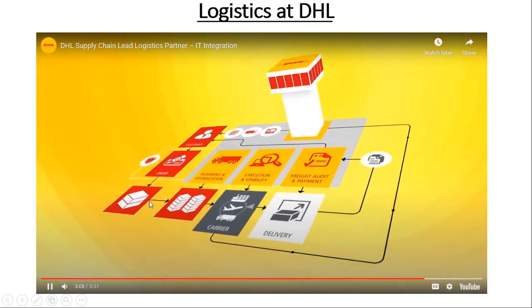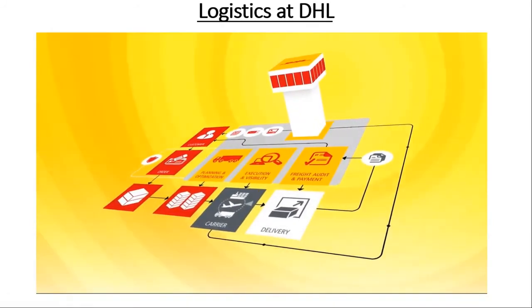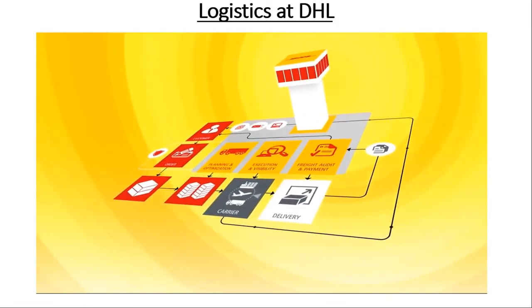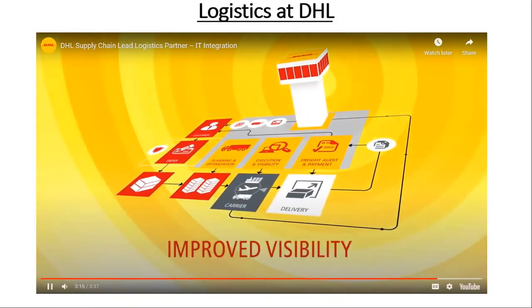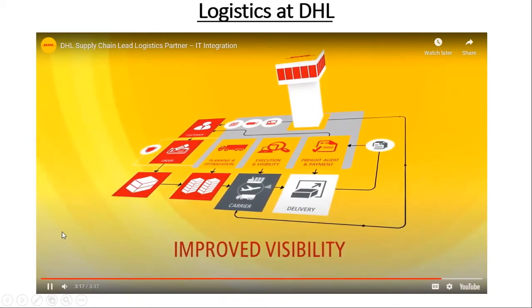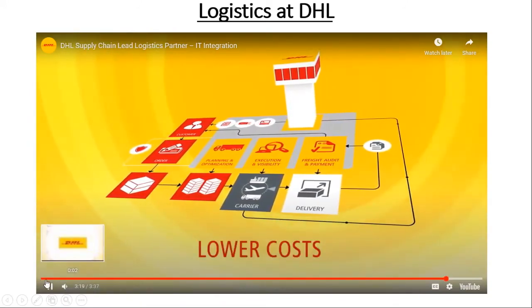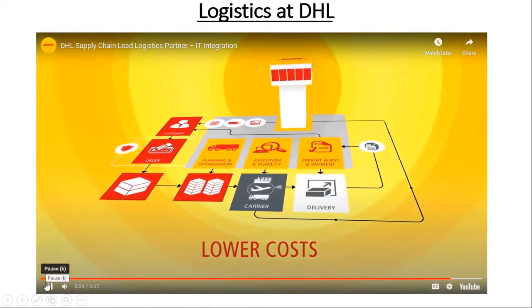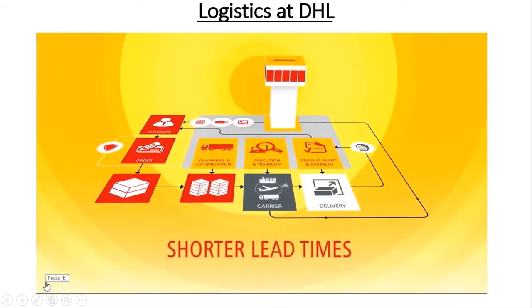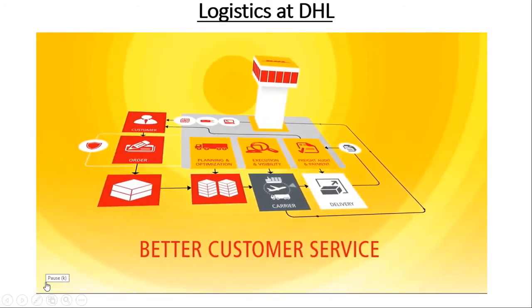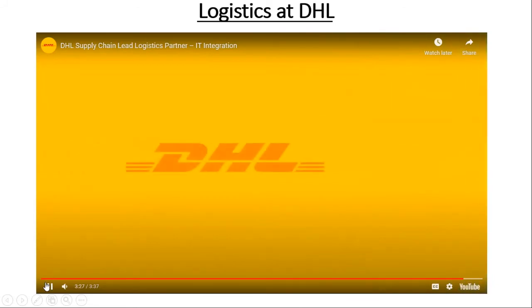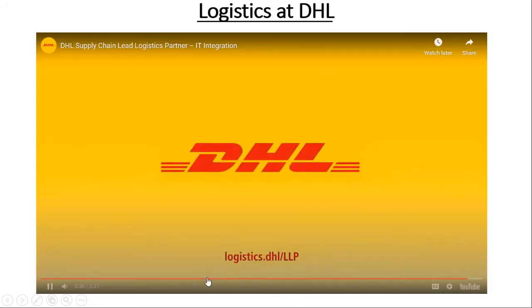The flexible and scalable solution supports an end-to-end LLP operation that delivers improved global visibility and control and enables loads to be optimized, lowering transport costs, ensuring shorter lead times, and improving customer service. So, let's work together and drive your competitive edge.